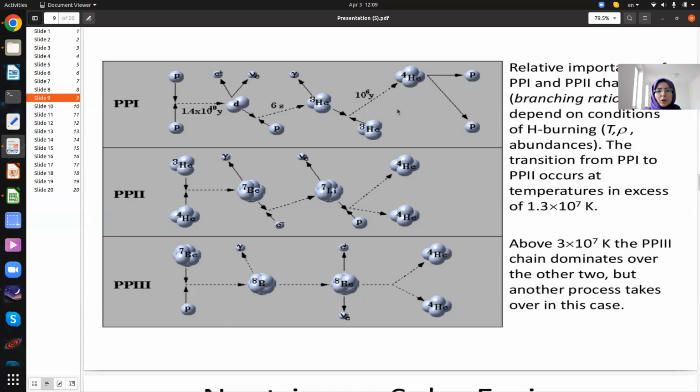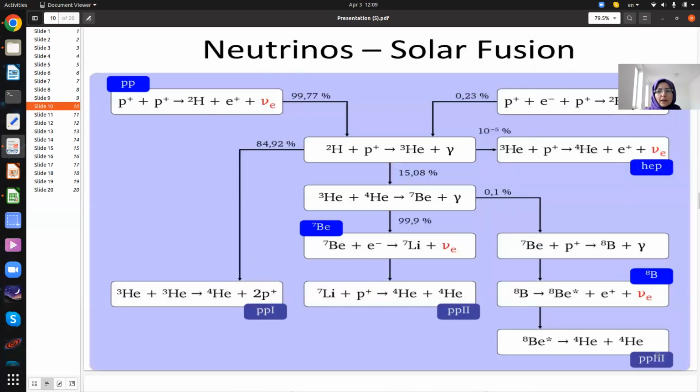Here we have the PP1, PP2, and PP3 chains. Here we have the neutrino solar fusion. PP, this contraction goes to PP1, and then we have PP2 and PP3, as you see in this diagram.